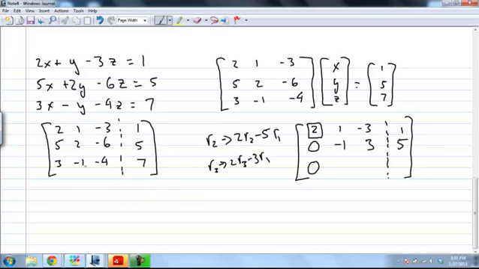Here I will have negative 2 minus 3, negative 5. In the 3-3 position, negative 8 minus negative 9, which is negative 8 plus 9, which gives me 1. On the right-hand side, 14 minus 3, 11. Okay.